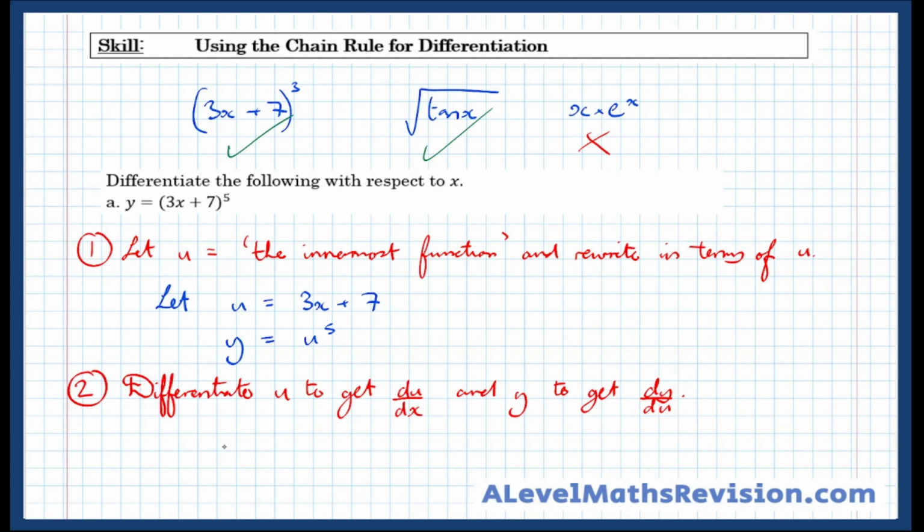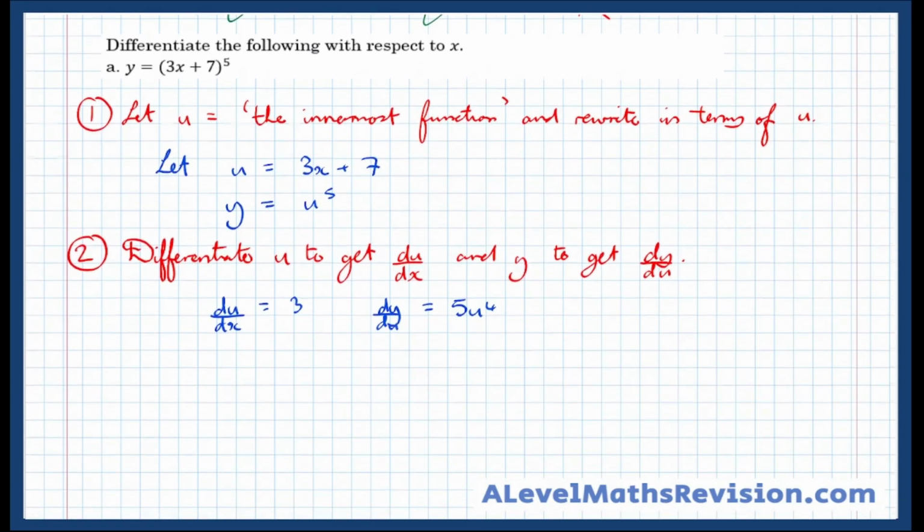But here we go. So du by dx equals simply 3. And dy by du equals 5u to the power of 4. So that's that step done.